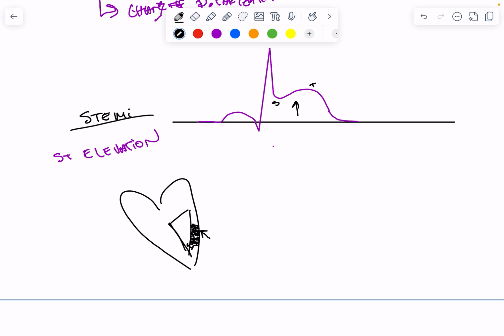So they're going to look totally different than normal. And the downward direction is called our current of injury. And yeah, that's just going to tell us that there's hypoxia that exists across the entire ventricular thickness.